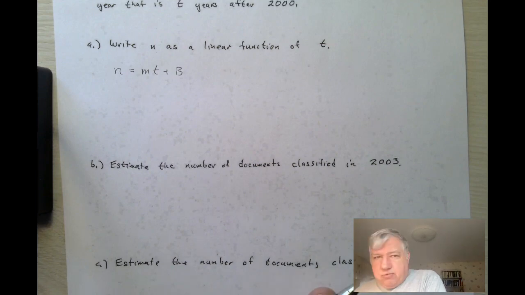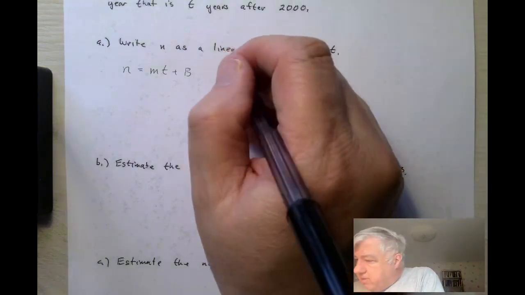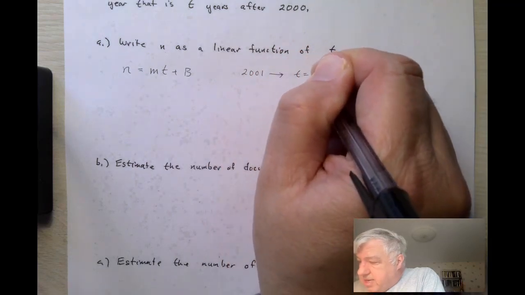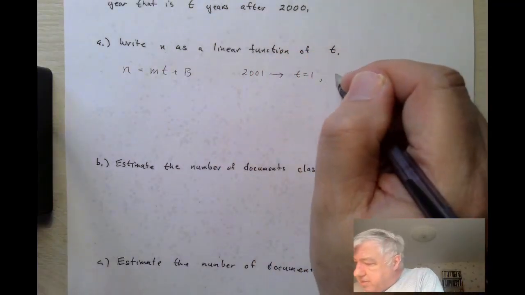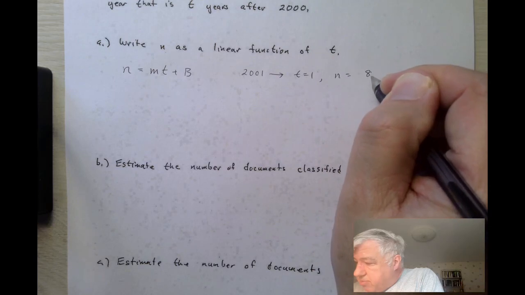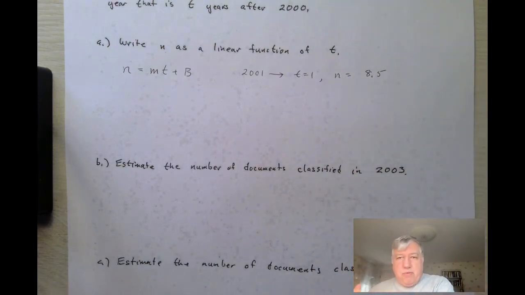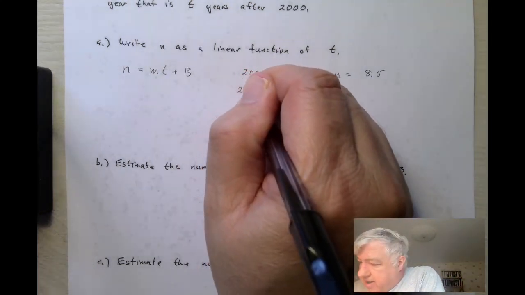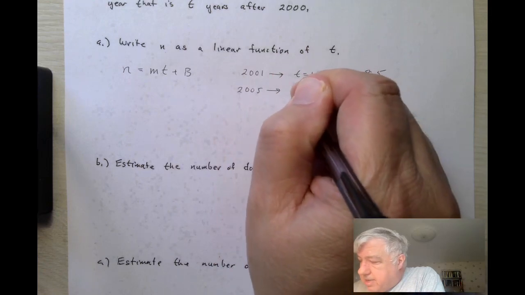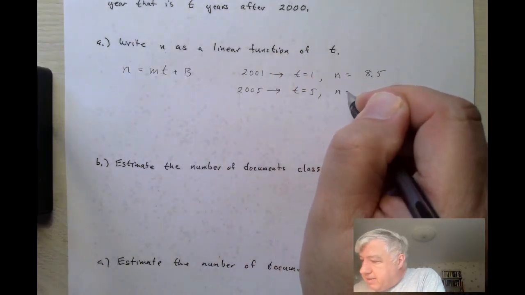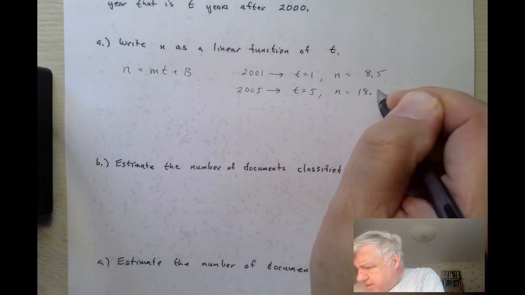Now, what are the data points that we're given? Well, in 2001, that corresponds to t equals 1, and we see that n is 8.5. Remember, n is in millions. And at 2005, we're given that t is equal to 5, and n in that case is 18.9.